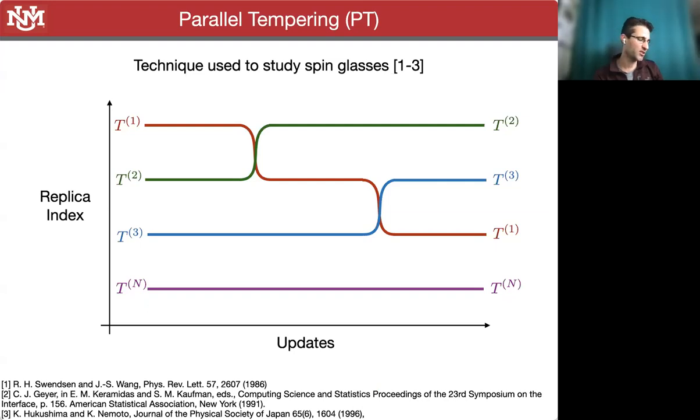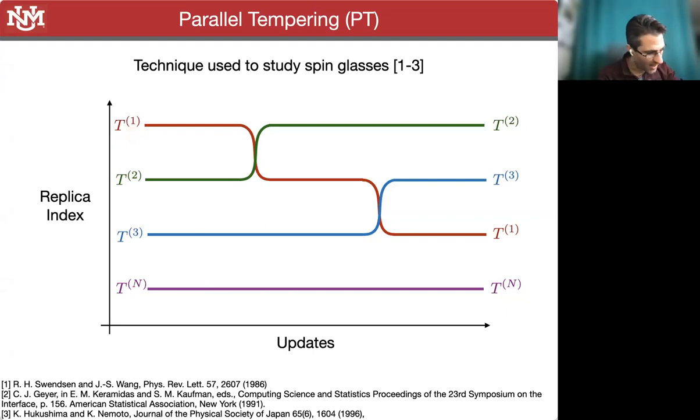Okay, so let me try to give you a big picture of how parallel tempering works if you're not familiar with it. The idea is, instead of simulating a single system, you simulate multiple systems. And let's say you're doing a thermal parallel tempering simulation. Each one of these systems is assigned a different temperature. And you evolve each system, initially independently from each other, according to that temperature.